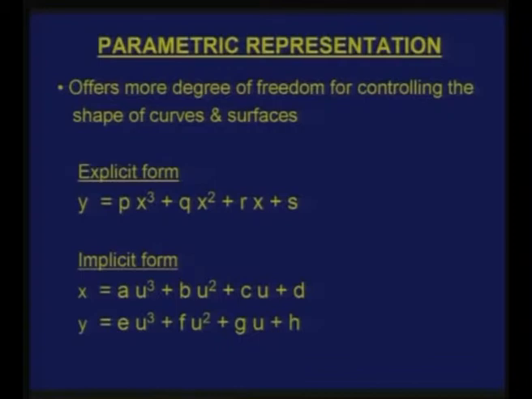But a designer has more variables to play with in the case of parametric than in the case of an explicit form. Here you have only 4, whereas here you have 8 variables.